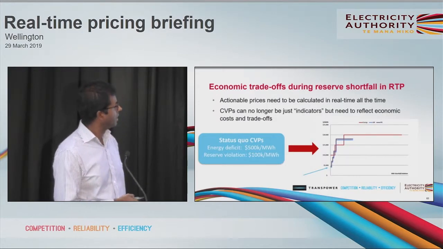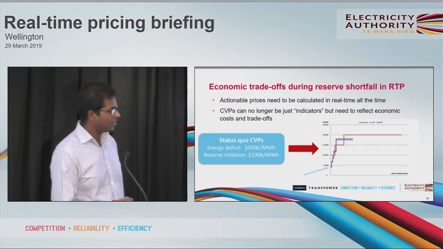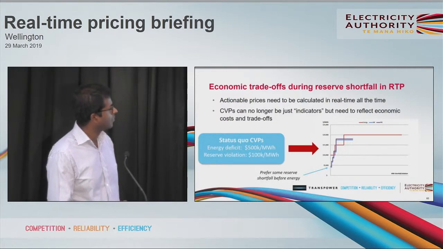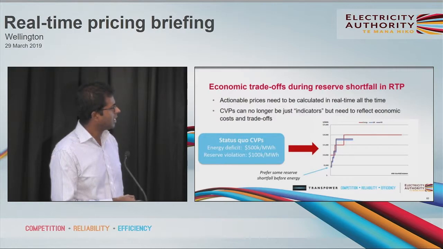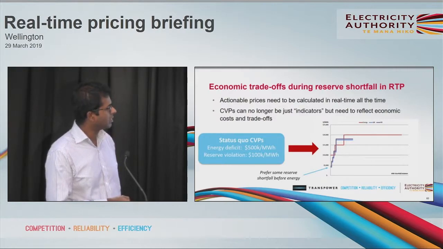That basically means moving our CVPs from the current 500K and 100K to something reflecting increasing cost of shortfall.